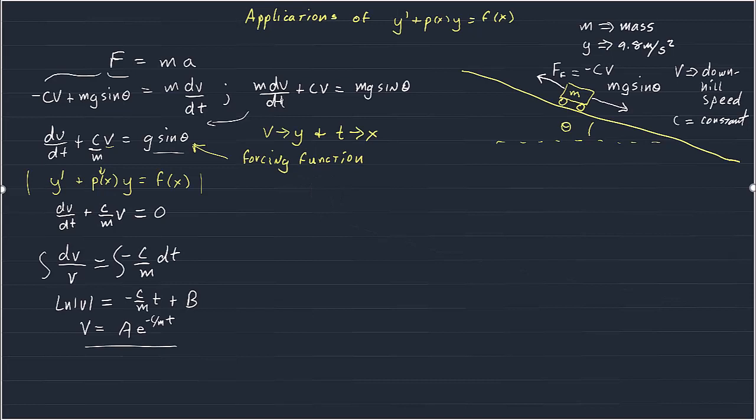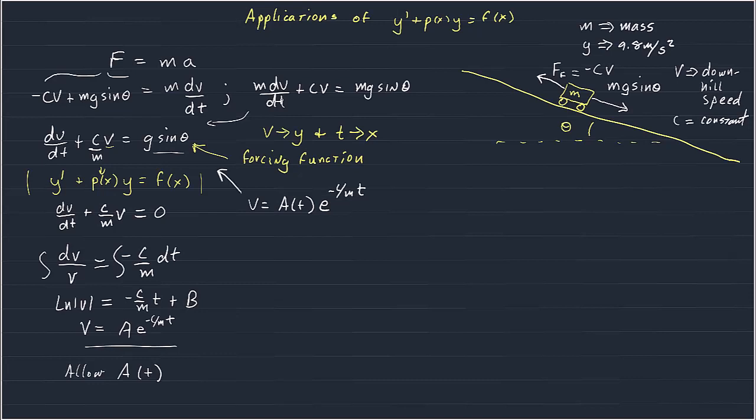So now to solve the non-homogeneous part, we allow a to vary as a function of t. So we say that v is equal to a as a function of t, e to the minus c over m t.